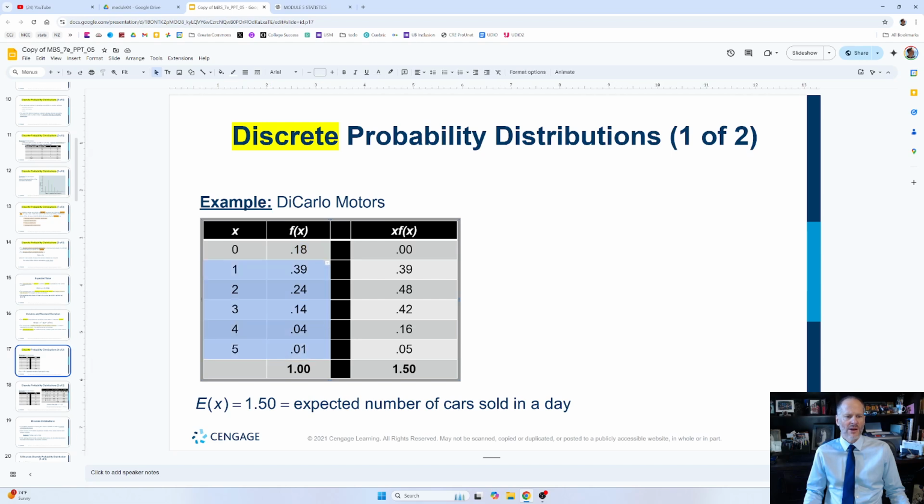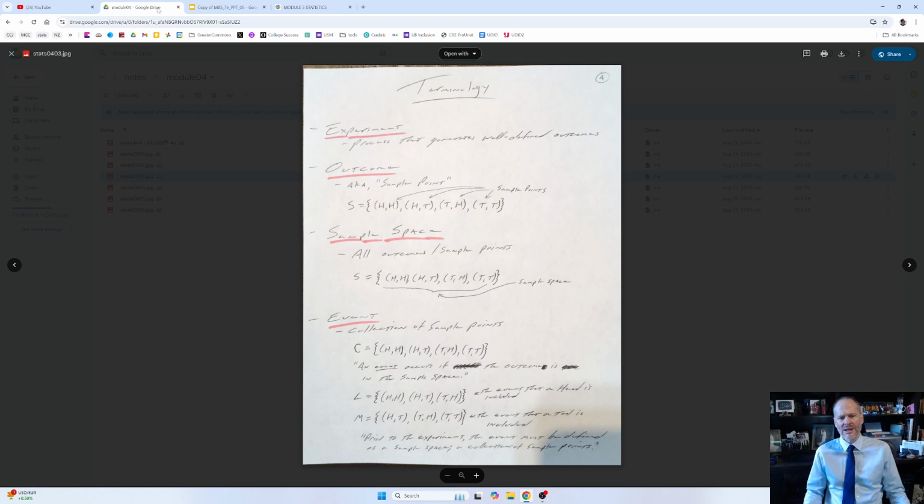It's a kind of awkward, clunky way to say it. The easier way to say it is, hey, this car dealership might sell between 0 and 5 cars, and here's the probability associated with each of those events occurring.